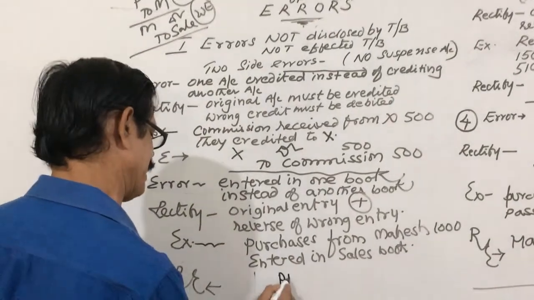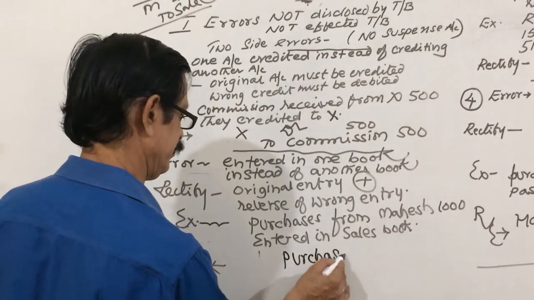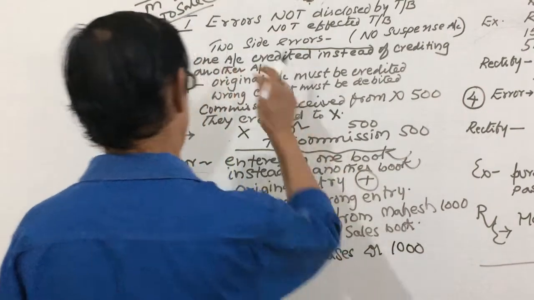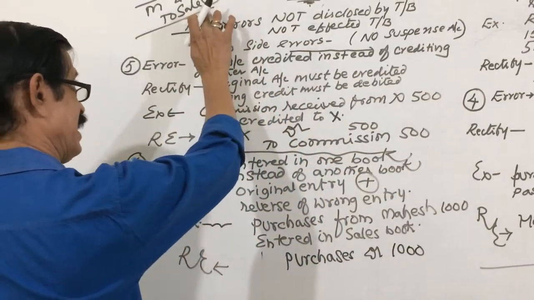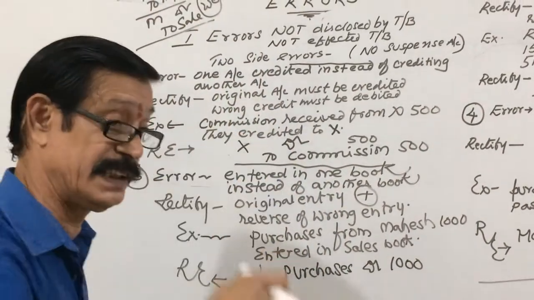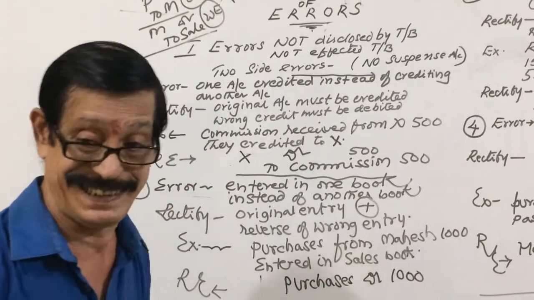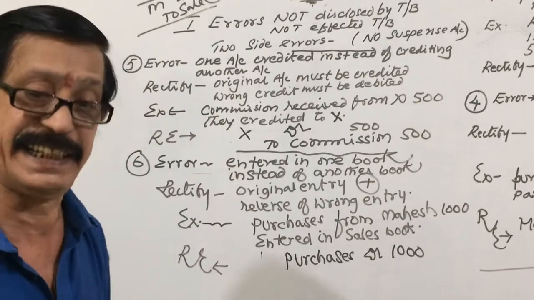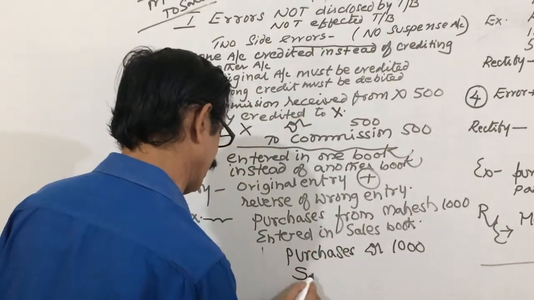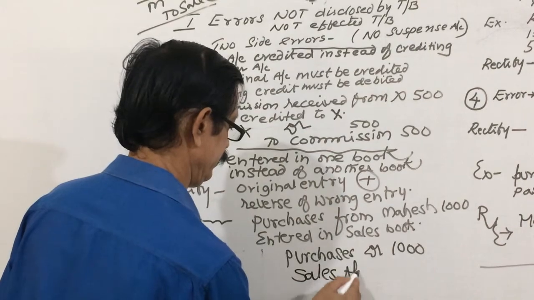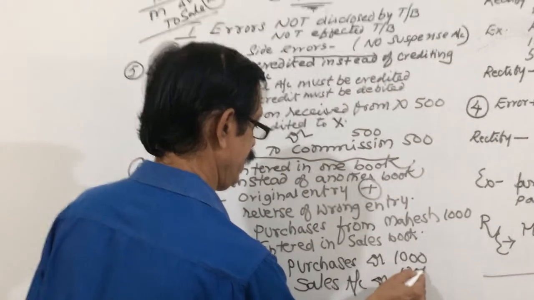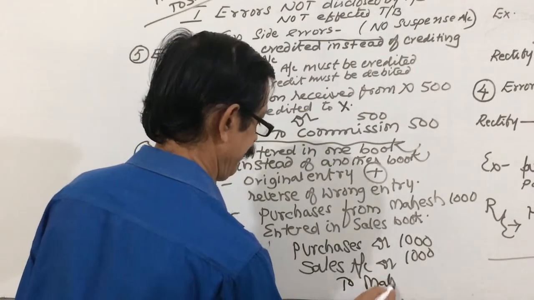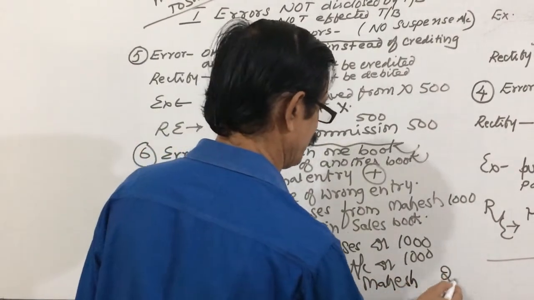So I will write down purchases account debit, 1000 rupees. They wrongly entered in sales. It is wrong. It must be rectified. That means it must be debited. Sales credit is there, we must cancel it, to cancel means debit. Sales account debit. Mahesh must be credited. So to Mahesh, 2000 rupees.